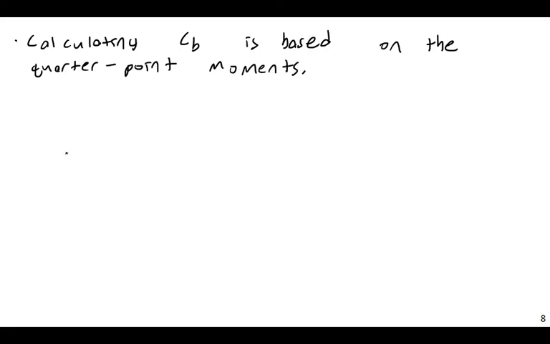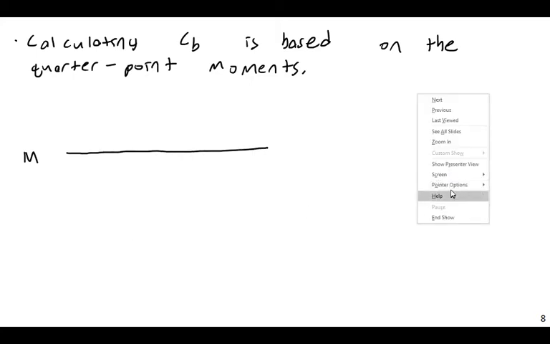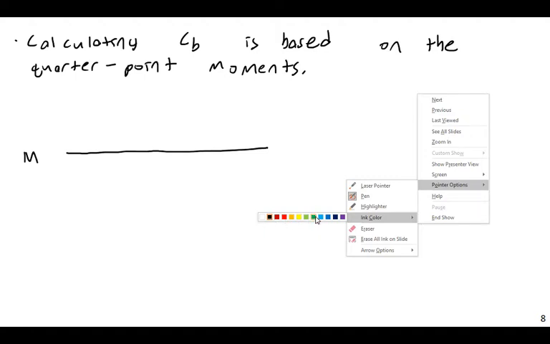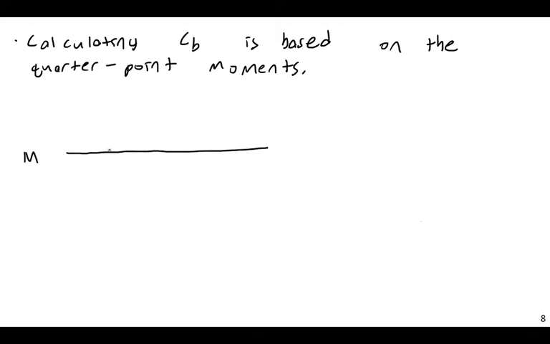So let me label something here. And so let's say this is M here. And I want to label the dimensions L over 4, L over 4, L over 4. So let's say I divide the beam up into fourths. So this would be L over 4, L over 4, L over 4, and L over 4.